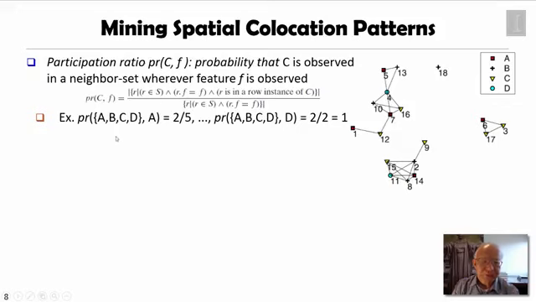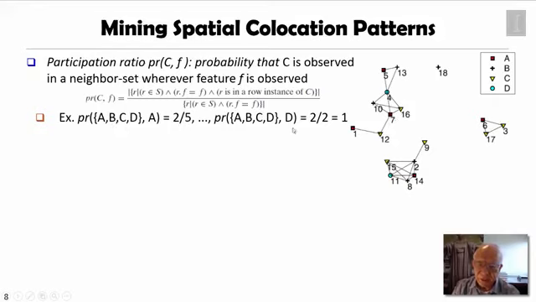For example, A participating in ABCD, you can see A is the red one. We have 5 cases where you find A, but only 2 of them, like 7 and 14, are part of ABCD. That's why we get 2 over 5 as the participation ratio.